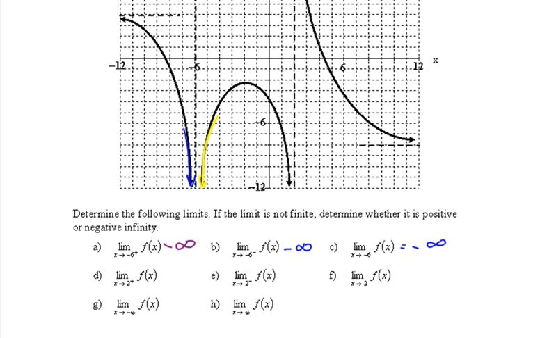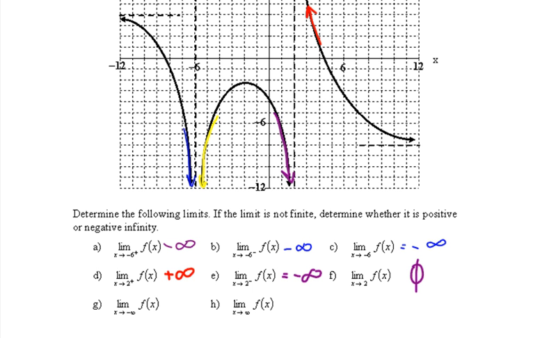If the left-hand limit equals the right-hand limit. Okay, approaching 2 from the right: positive infinity. 2 from the left: negative infinity. So what would we say about the limit as x approaches 2 for f of x? Does not exist.